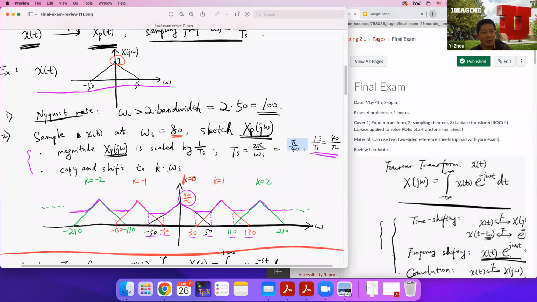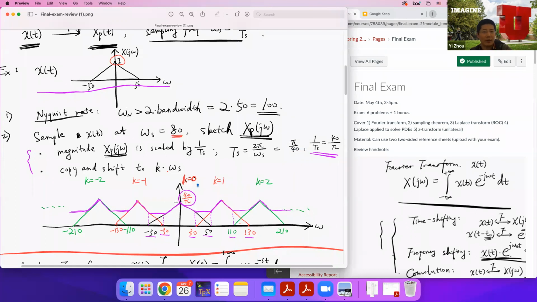Therefore, the magnitude scaling factor in the sampled signal is 1 over Ts, which is 40 over pi. So when you copy this spectrum, all the magnitudes need to be scaled by a factor of 40 over pi. So here it is 40 over pi instead of 1, but the shape remains the same. It is still a triangular shape. This is the 0th copy.